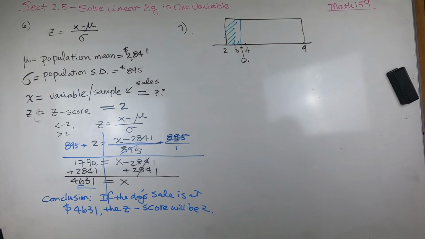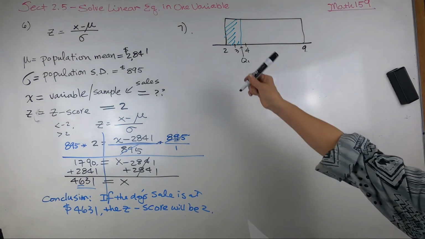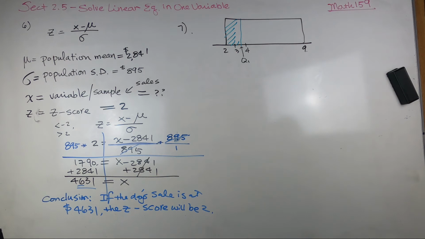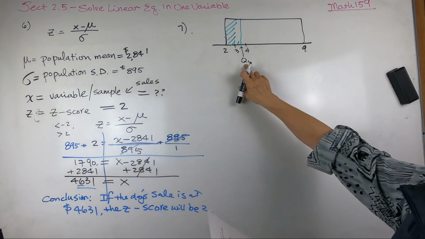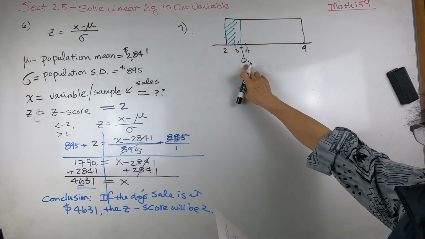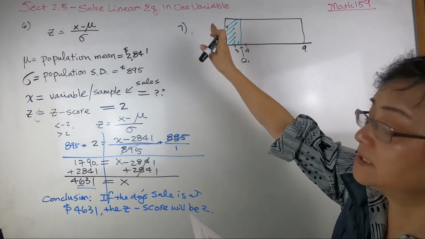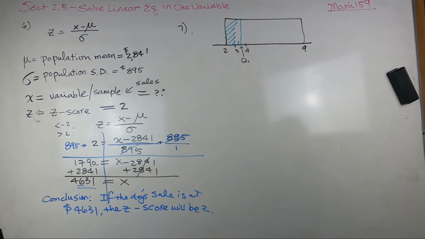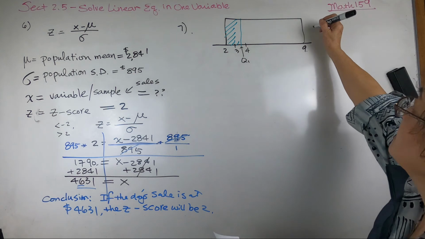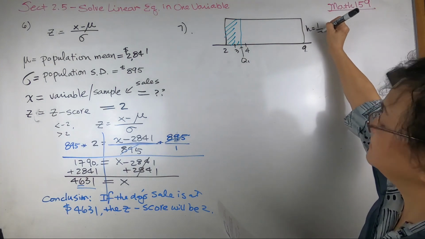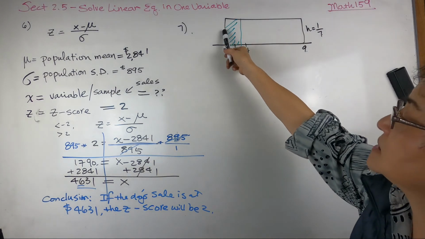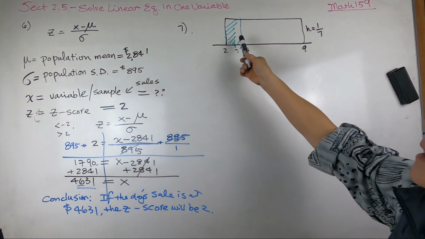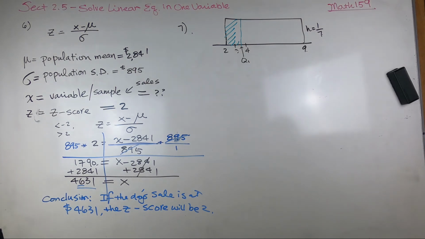The area of the smaller shaded rectangle that has base from 2 to Q1, we call it Q1, okay? That means this area is a quarter. And the height is what? It says the height is 1/7.